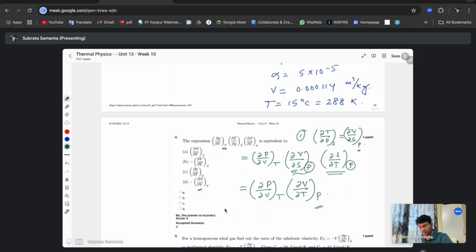So from these two, we got the last one. The first stays as it is.